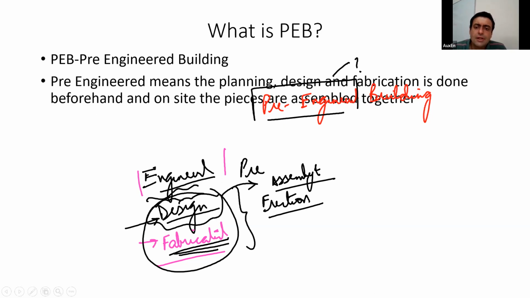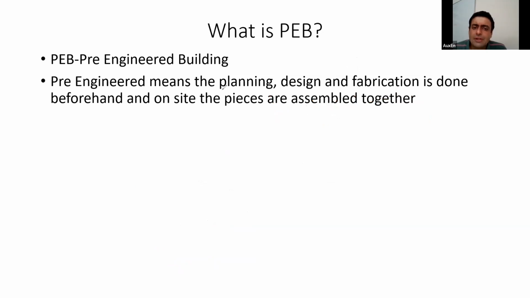All right. So as you can see, pre-engineered would mean that the planning is also of course done somewhere else. Design and fabrication are done beforehand, and on the site only the pieces are assembled together.